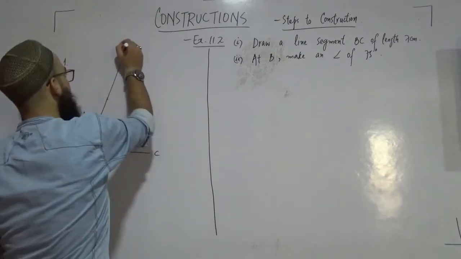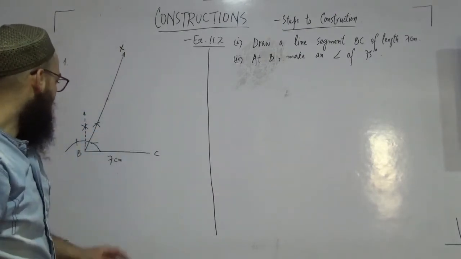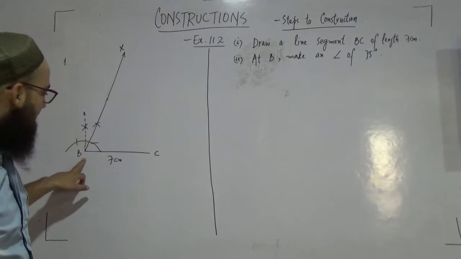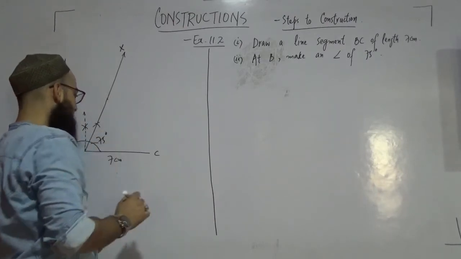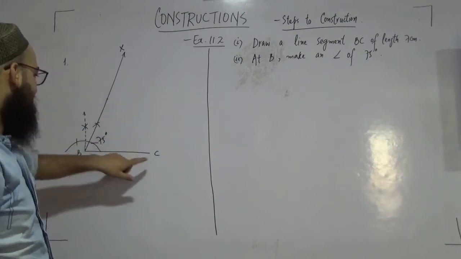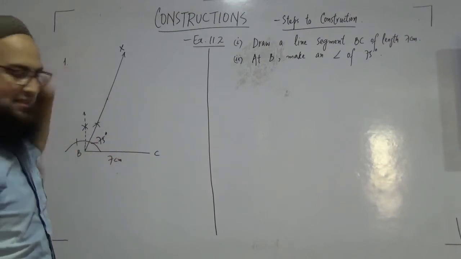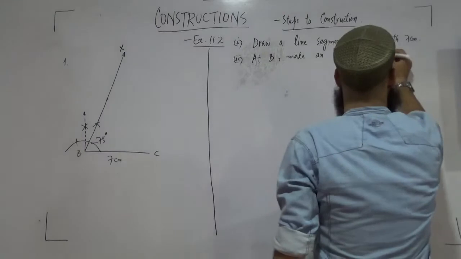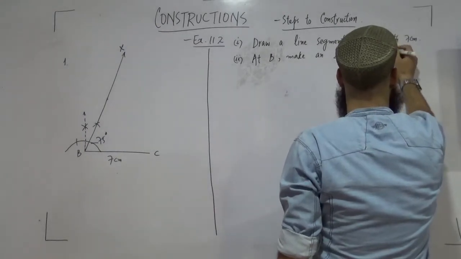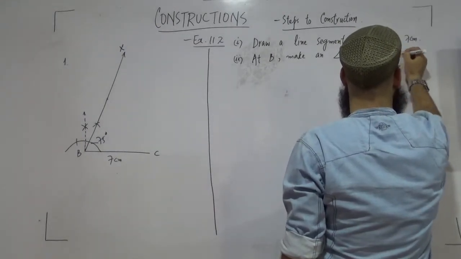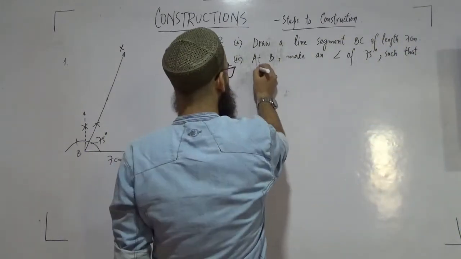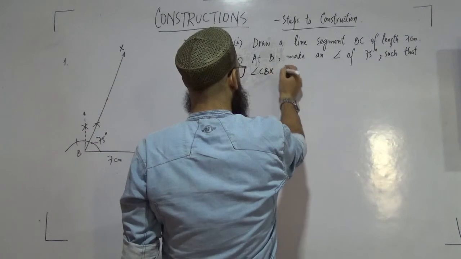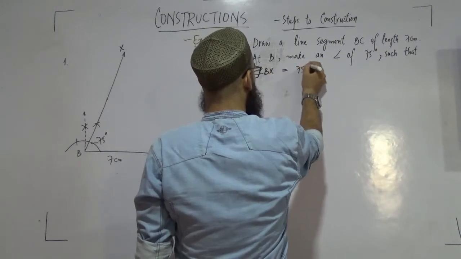Let me name this as X. So at B, make an angle of 75 degrees such that angle CBX is equal to 75 degrees.